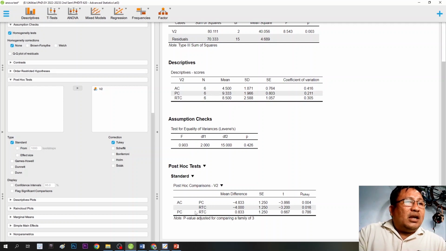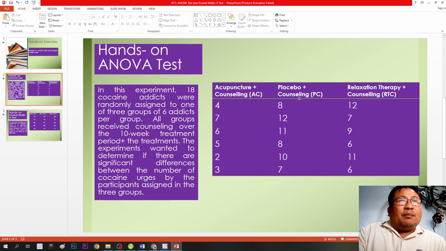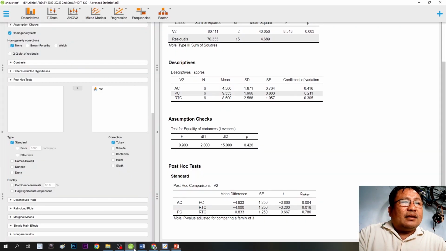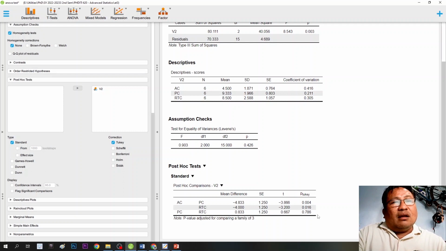But on the last one, the PC, or placebo plus counseling, and relaxation therapy plus counseling has no significant difference because we can see that the p-tukey is 0.786.